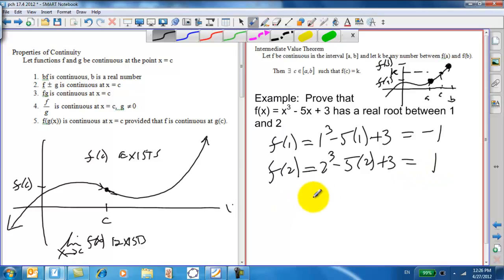So k is a value in between negative 1 and 1. In this case, k equals 0 because I want to find a real root. I want to know when f of x is equal to 0.